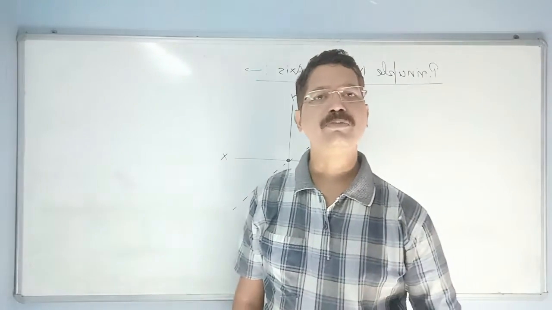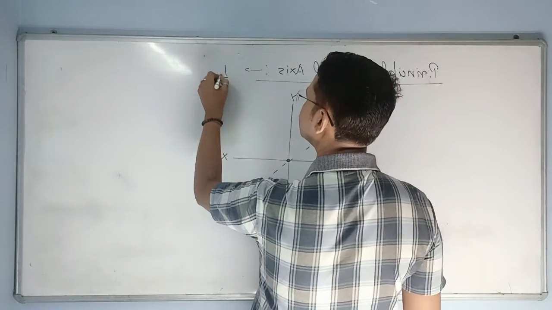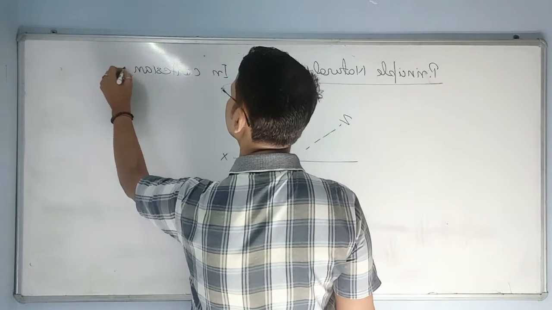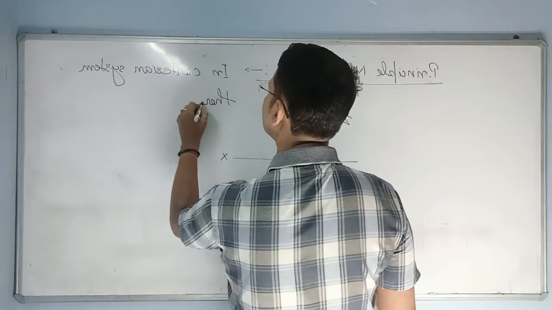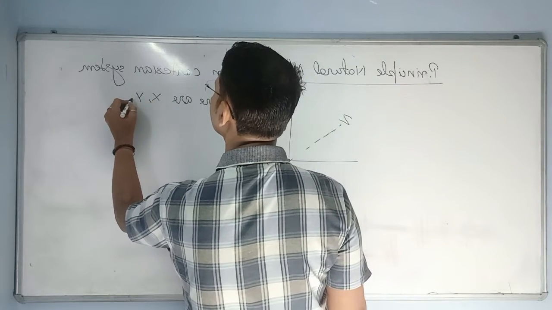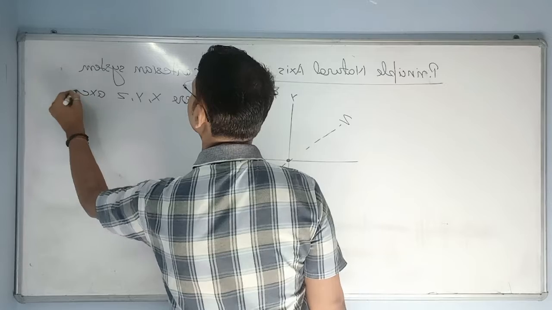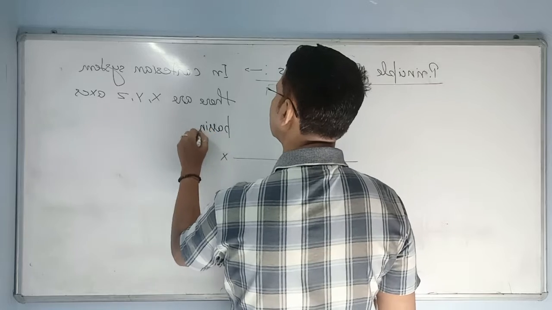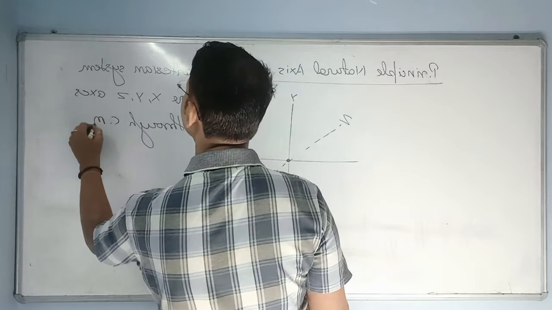But all the axes are passing through what? The center of mass. So in the Cartesian system, there are x, y, z axes passing through the center of mass.